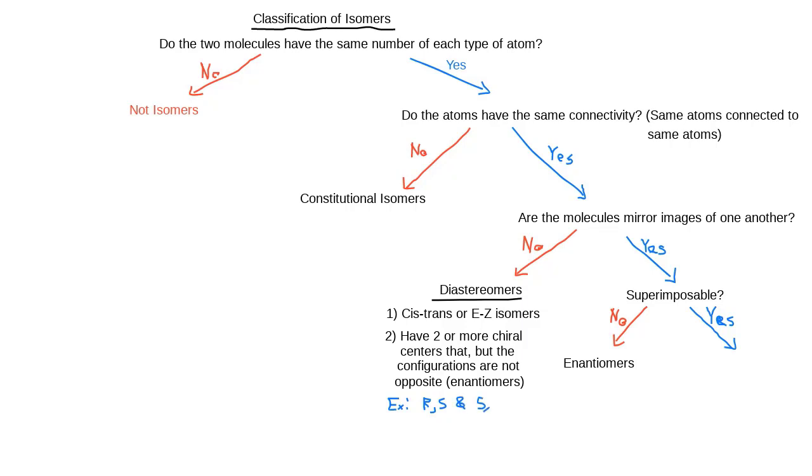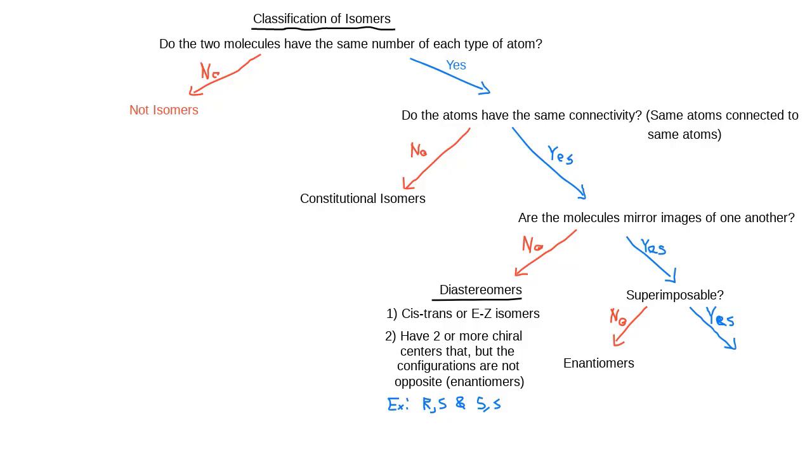The stereochemical configurations are not opposite to one another, so they're not mirror images. One of them is opposite, one of them is the same. So they're not identical because they have different stereochemical configurations, but they're not opposite, so they're not enantiomers. So they end up being diastereomers.